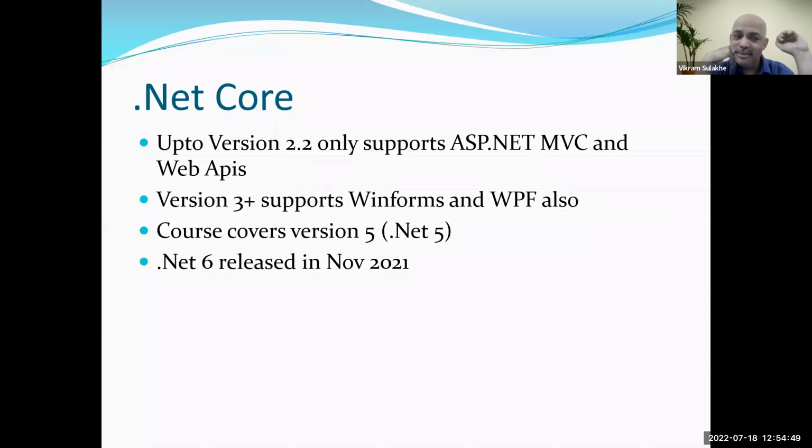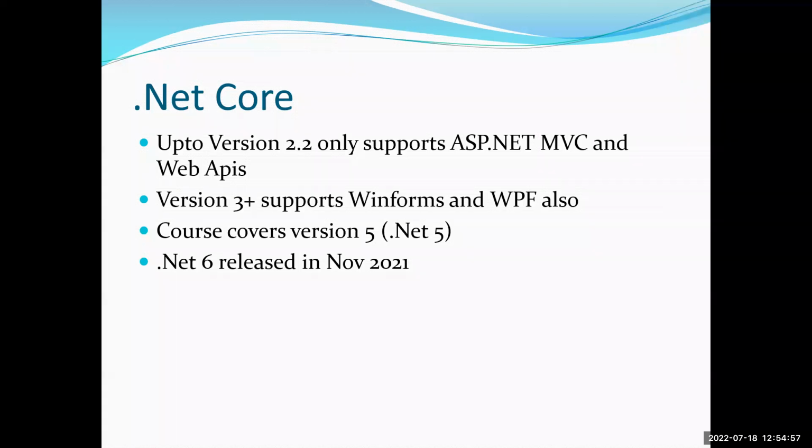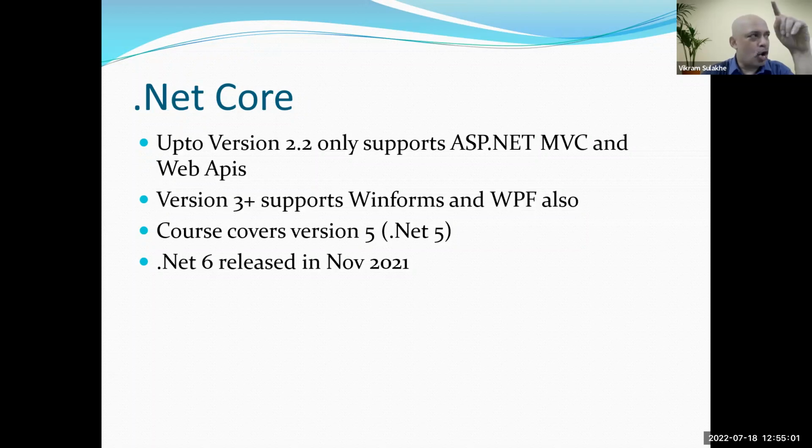But there is going to be no .NET Framework 5. Framework has stopped where? At 4.8. So what they are saying is .NET Core 5, we will call .NET 5. We will not use the word core. Why will we not use the word core?